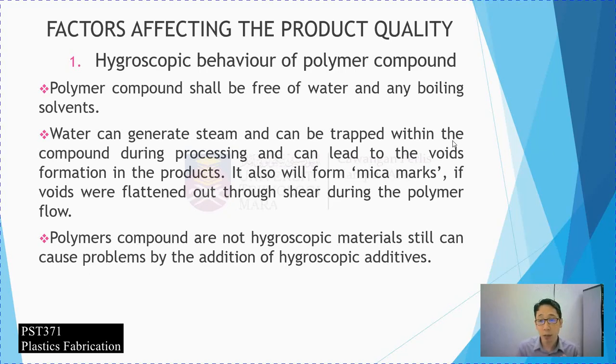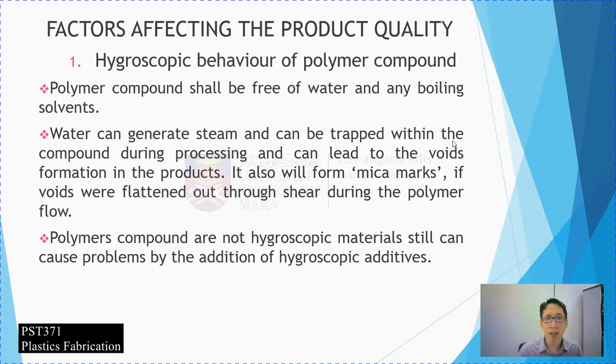Okay, so more likely these types of material have moisture in the raw material. So water can generate steam and can be trapped within the compound during processing and can lead to void formation in a product. It also will form mica marks if a void is flattened out through shear during the polymer flow.